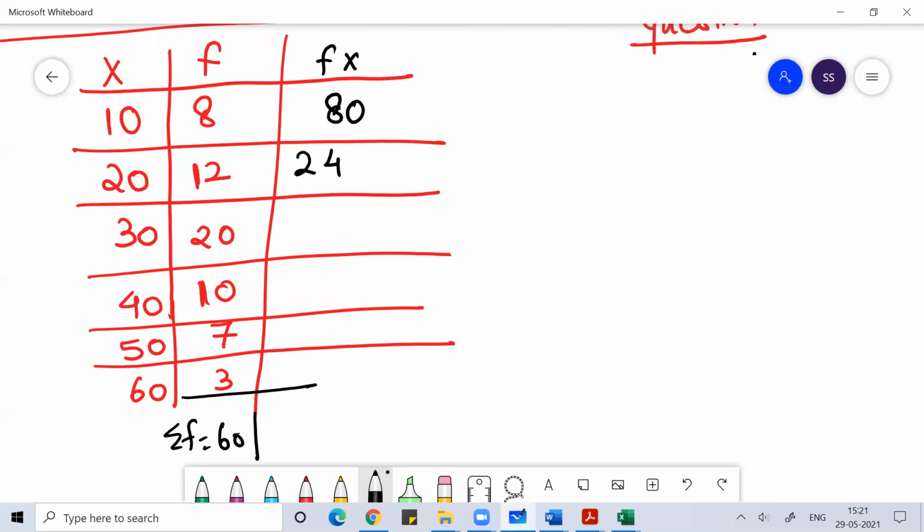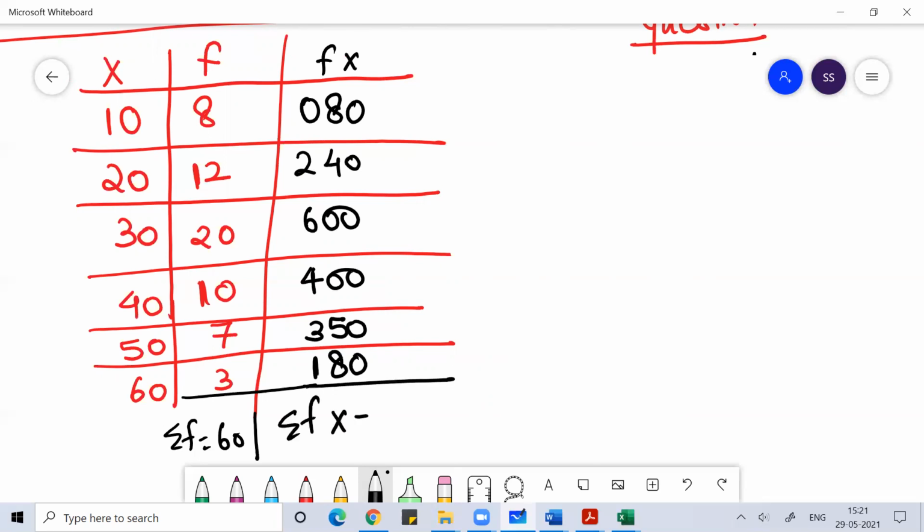This is 240. Then this is 600. Then this is 400. This is 350. This is 180. The sum of fx is 1850. You'll get sum of fx.